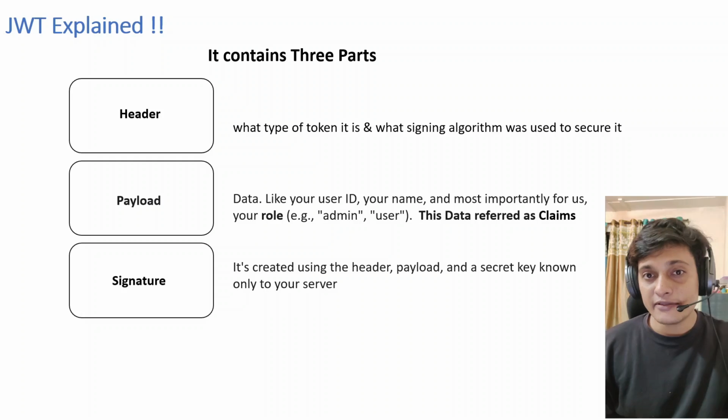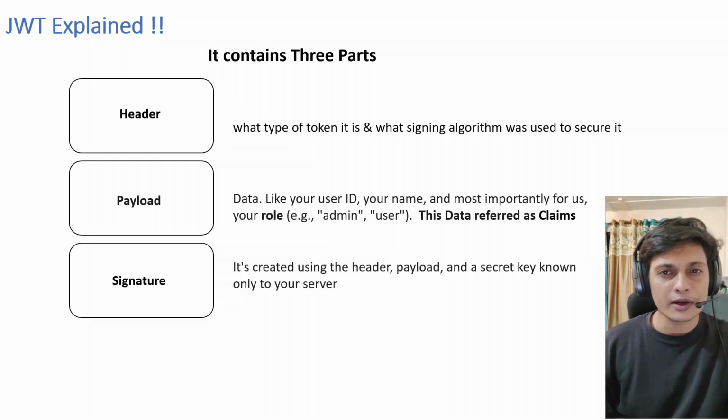So we have these three parts inside the JWT token, which we pass through the API to your application server. The server will process your data and allow you to do any action you are requesting, if you are allowed to do it.